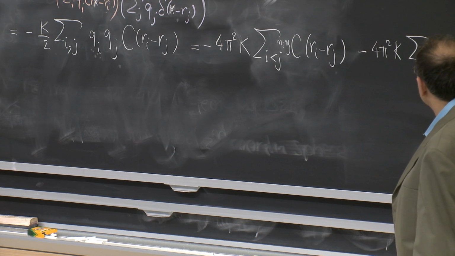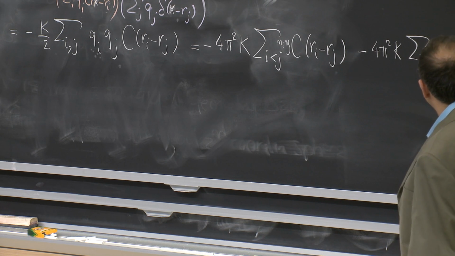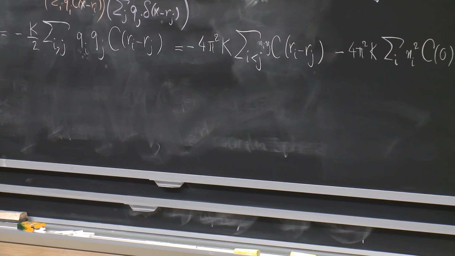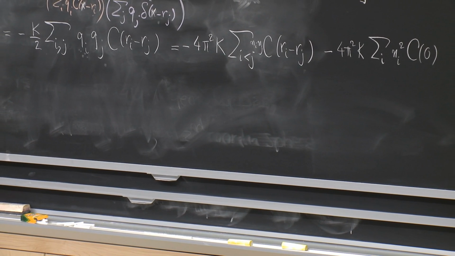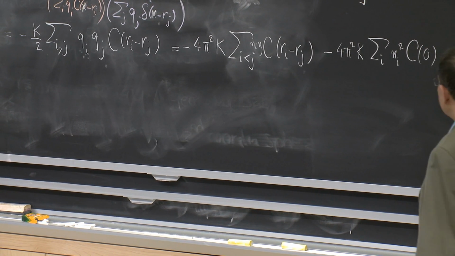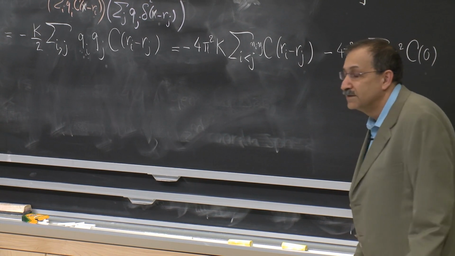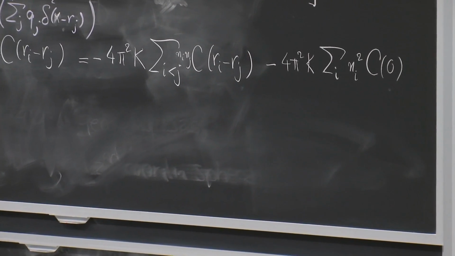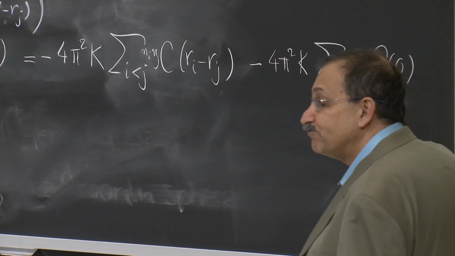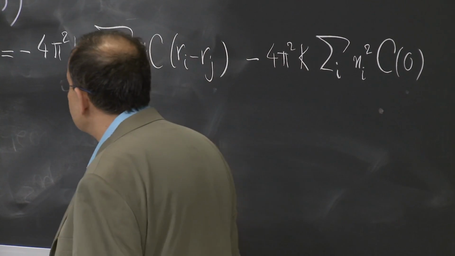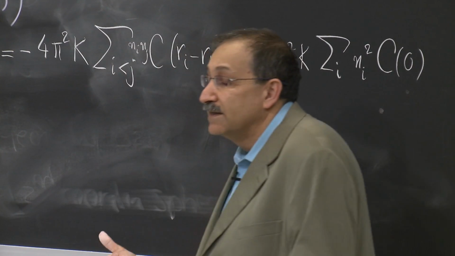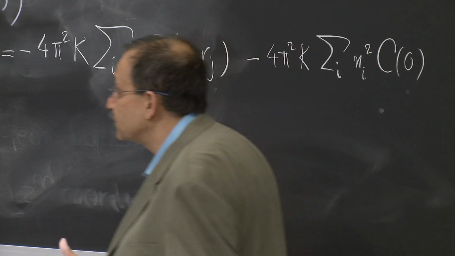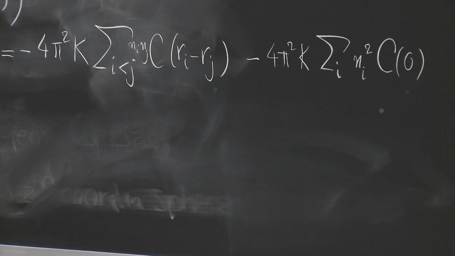I will have ni squared, the Coulomb interaction at 0, Ri equals Rj. Now clearly this expression does not make sense. What it is trying to tell me is that there is a cost to creating one of these topological charges.